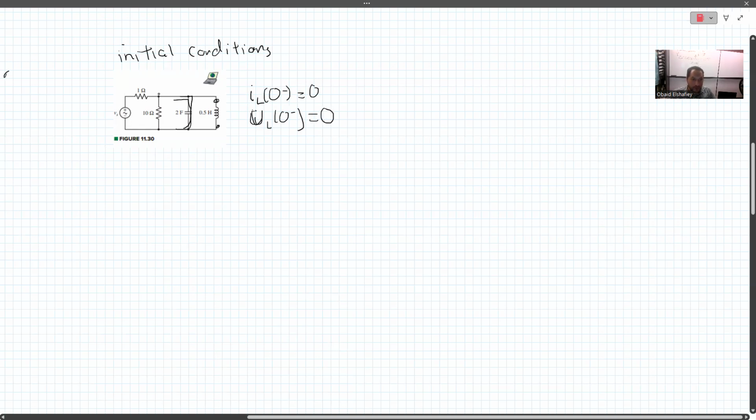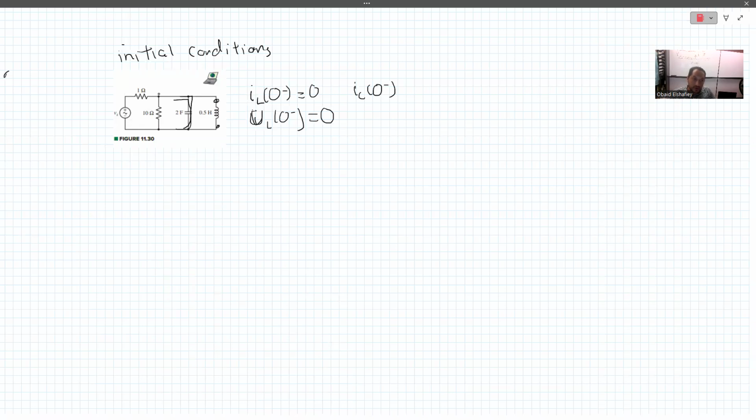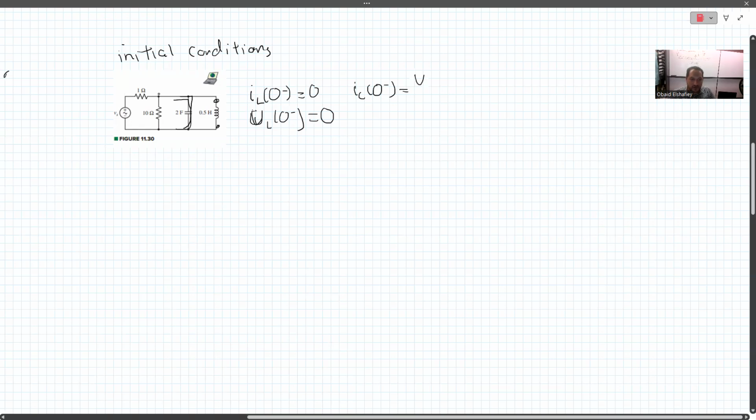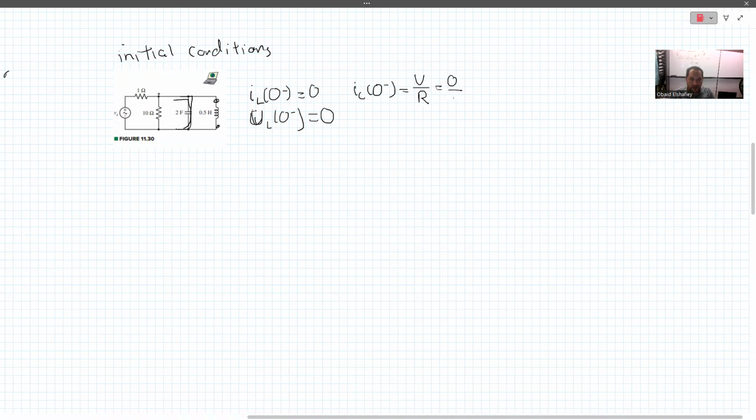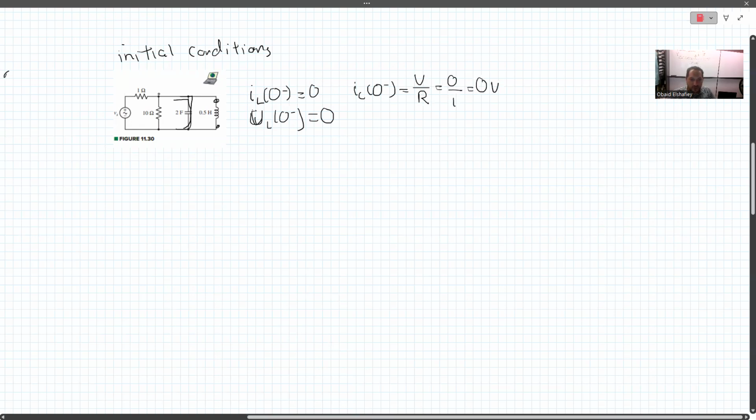While IC(0-) is equal to all of the current passing in this direction. But remember, our voltage at 0 negative is 0. Our voltage is a unit function. So our current is V over R, and V is 0 over 1, which is equal to 0 volts.